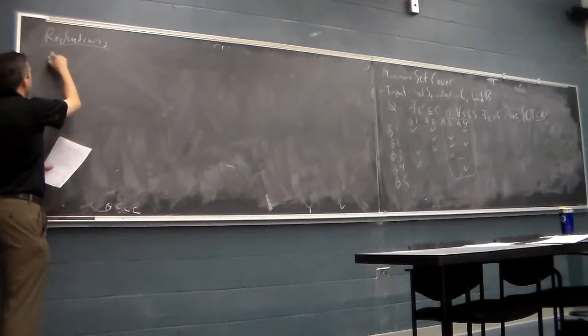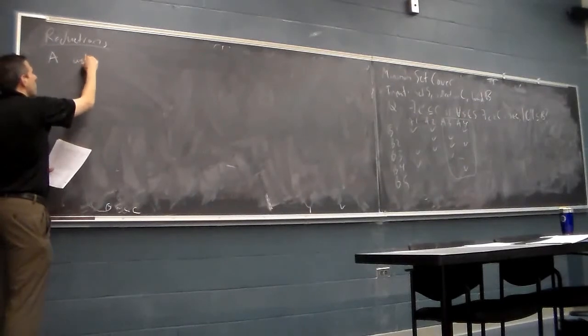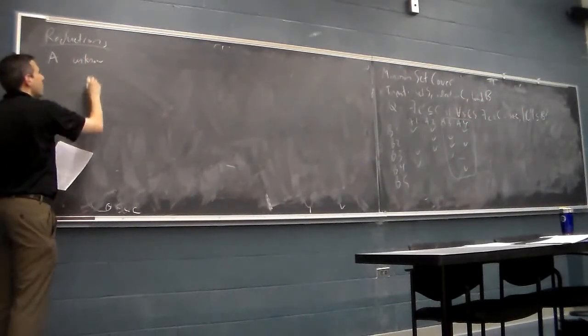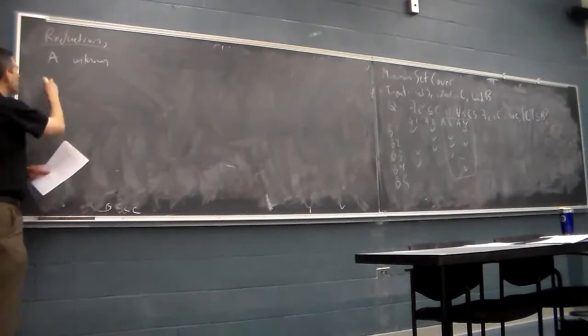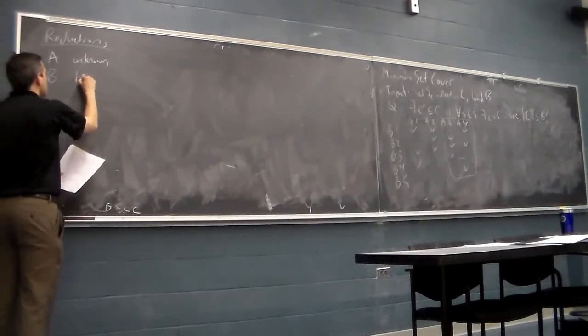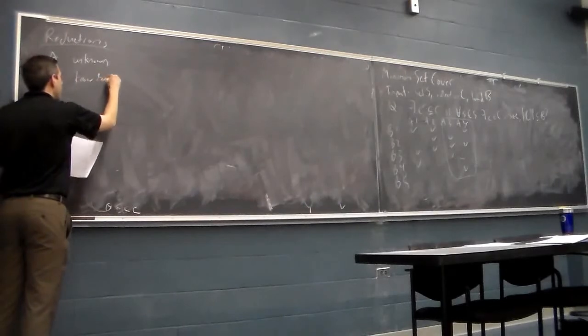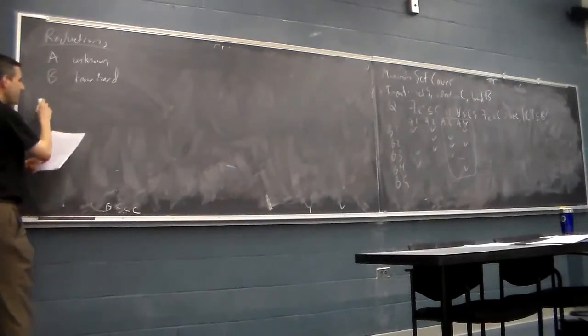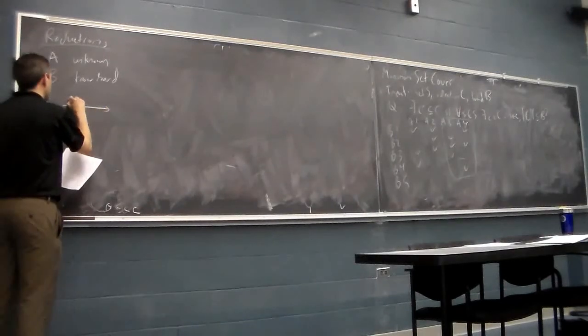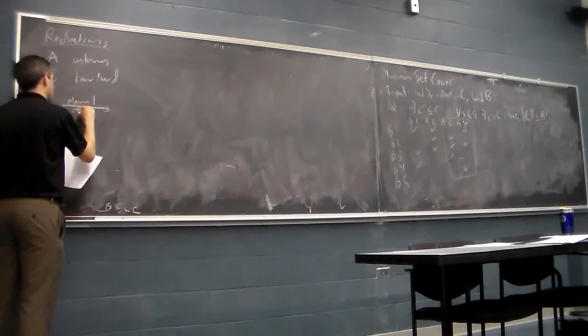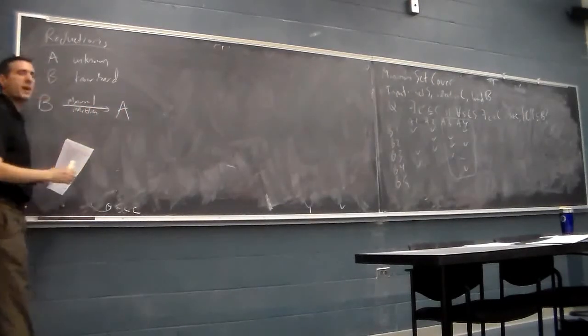So let's say we've got a problem A, and this one we don't know is hard. So we have no idea whether A is hard or not. What we try to do is take a problem B that we know is hard, and then we do what's called a polynomial reduction to turn problem B into problem A.